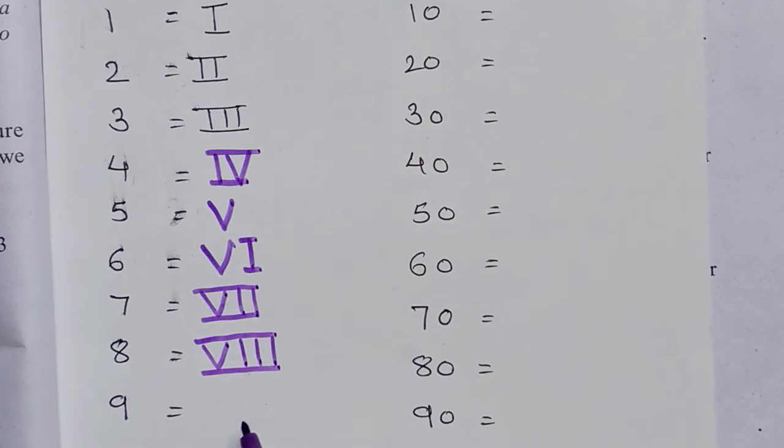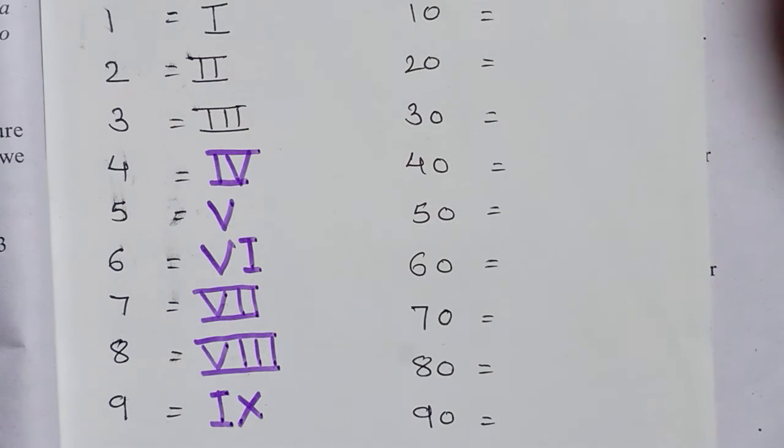Now for 9, we cannot write 5 plus 4 times I. So we have a letter X for 10. Now 9 is 10 minus 1. So I will write IX for 9.